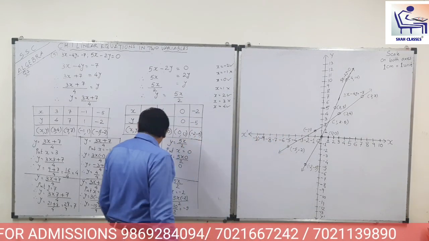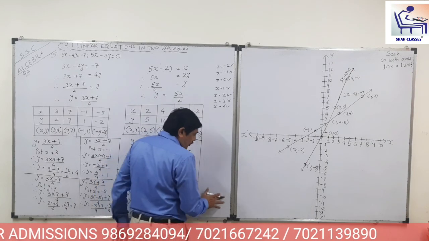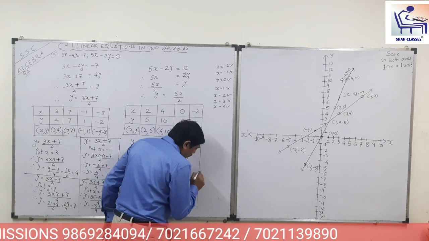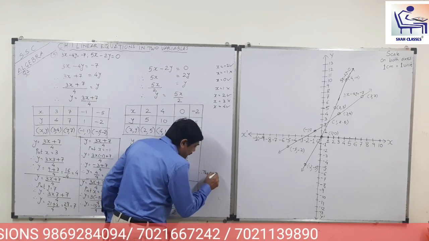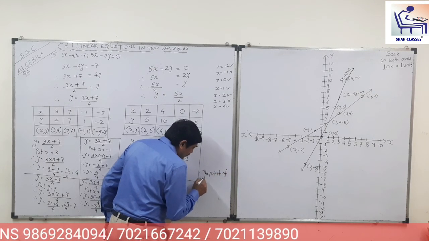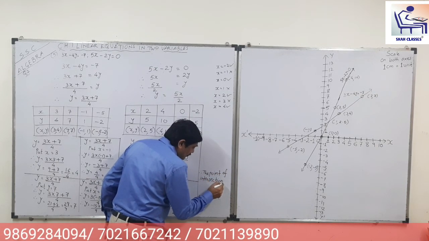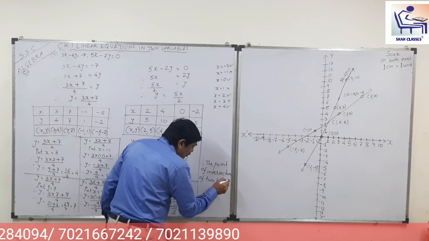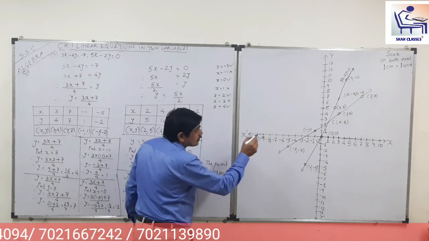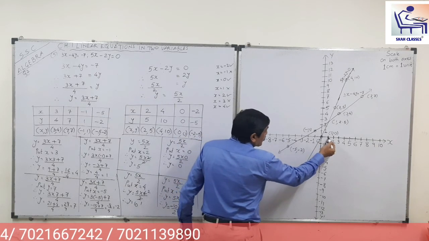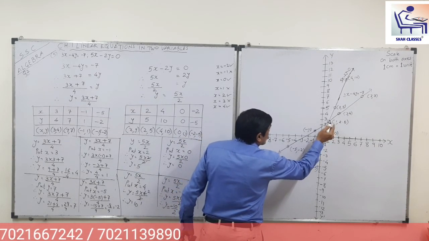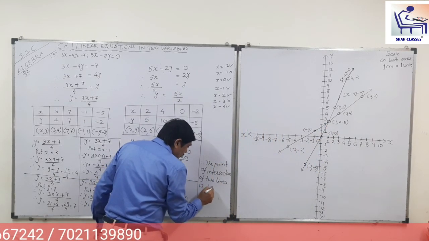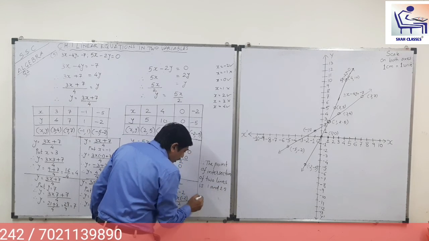So now we have to write the final answer. As I don't have the space, I will write here. You will write just below your work. So the point of intersection of two lines is, you can notice here, on the x-axis 1 and on the y-axis 2.5. 1 and 2.5.